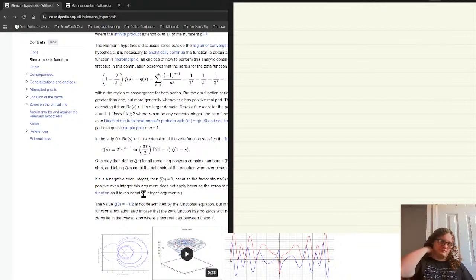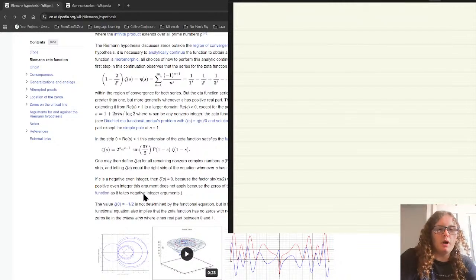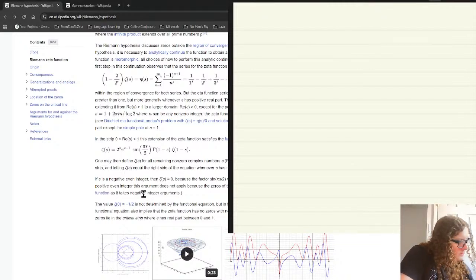Yeah, that makes sense. Okay. So zeta 0 is negative one half. And what I want to look at a bit further is what happens when we introduce complex numbers. So like, what is zeta of i?